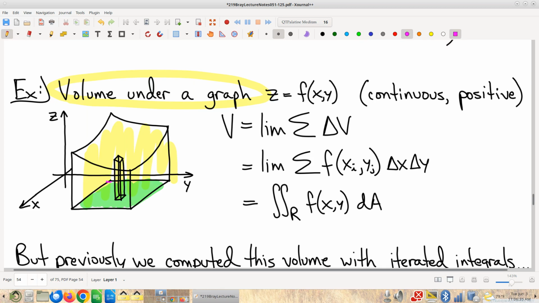So I'm going to take this domain. Now, very importantly, I'm chopping up the domain. I'm not chopping up the entire volume in every direction. I'm just chopping up the domain. And then I'm going to argue that the whole volume is the sum of the individual little volumes that I get over each little piece of the domain.